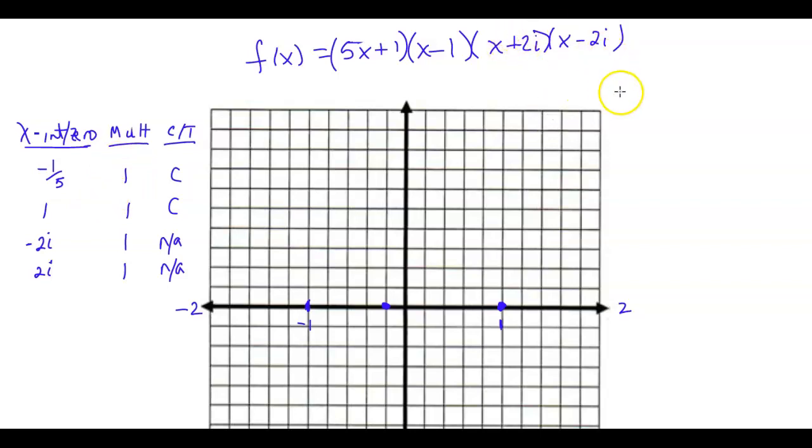And if you remember, our leading term for this particular polynomial was 5x raised to the 4. And we know that x raised to the 4 looks a lot like x squared, and x squared looks like this. So we know that our end behavior here is going to look like this.